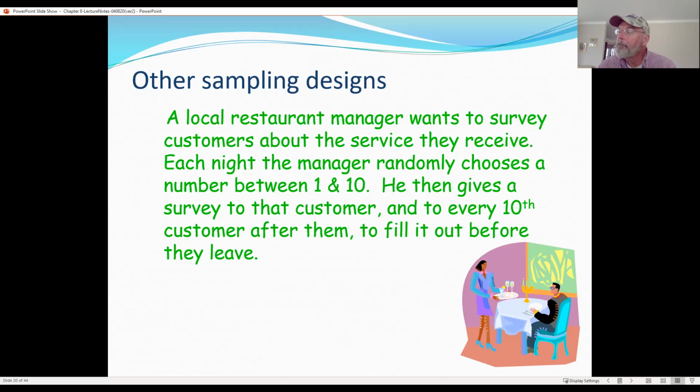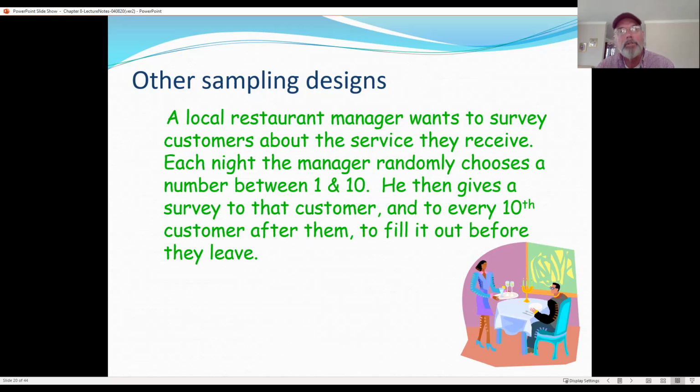And if there were another set of people coming in, you would use the 10th customer after the first 7, and that person would be given a survey too. So you could see once you've made the decision to use the 7th customer, then every one after that is the 10th after.